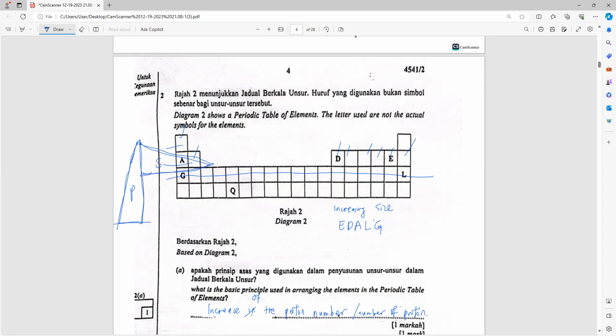You can see from bigger size going to small. So like Jishnu said just now, going down the group, size becomes bigger. So let's talk about which one is the biggest here. Is G biggest or is L biggest? G.